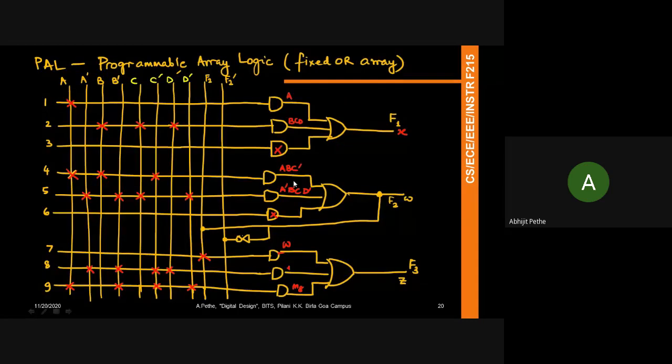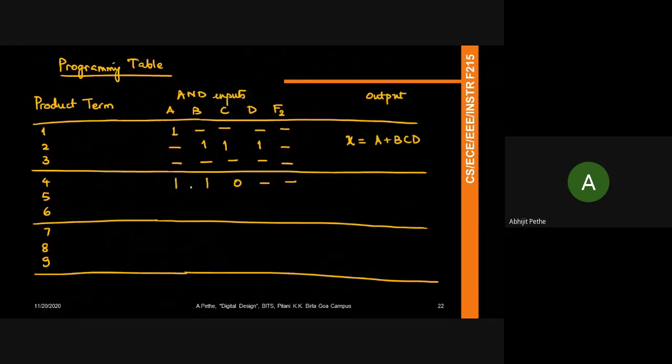My second term is going to be 0, 0, 1, 0 dash. And the final one I'm not using again. This is generating the output W, which was given by A, B, C prime plus A prime, B prime, C, D prime.